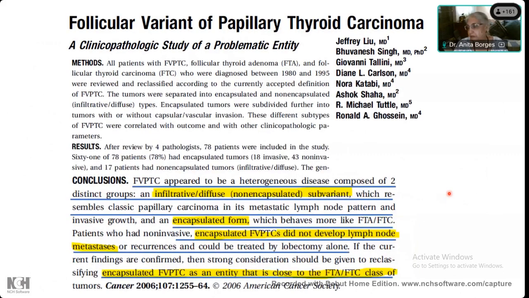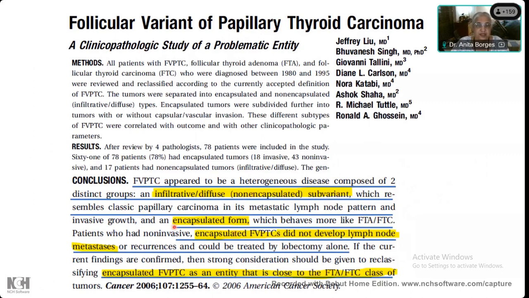And then came, I think, the most definitive paper, which was immediately after that. There was the paper that said that experts were not agreeing with one another. And it said something very important. It said that there are two variants of follicular variant of papillary thyroid carcinoma. One is infiltrative and diffuse. It is a non-encapsulated variant.